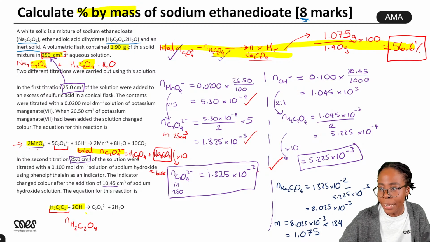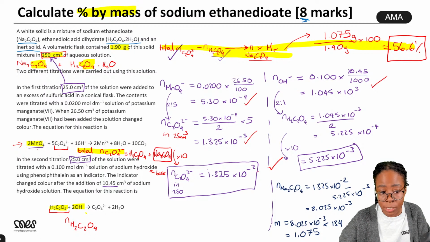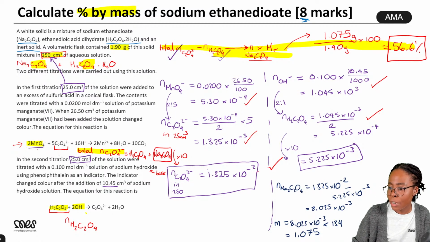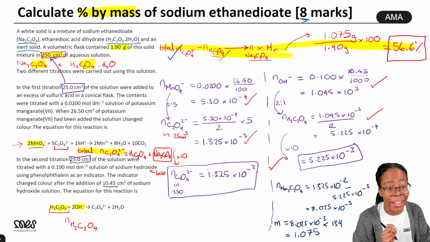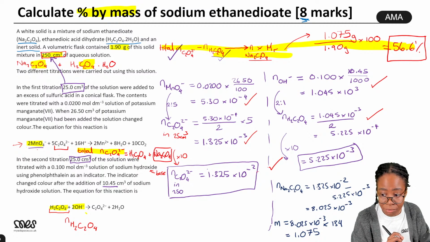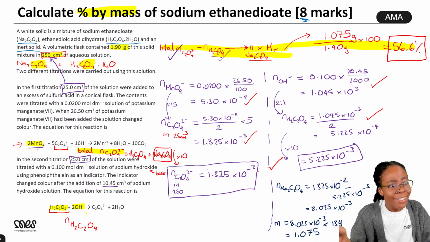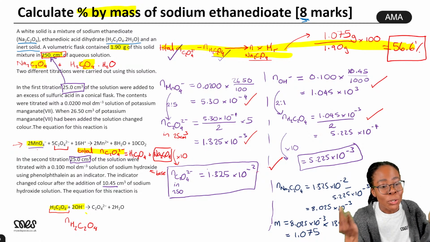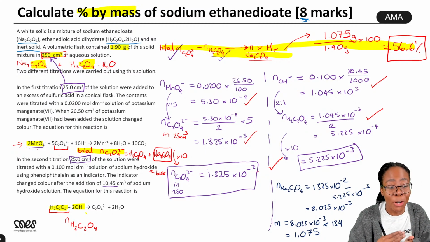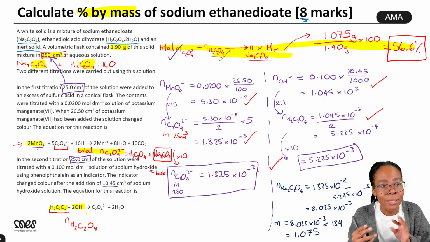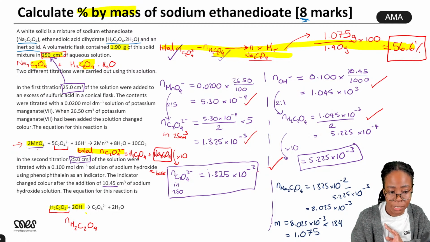If you found the moles of the hydroxide and used the ratio to find the moles of the ethanedioate, you've now got 5 marks out of 8 without knowing what you're doing. You can have no idea how to get to the end of this calculation, and you can still get 5 marks here.